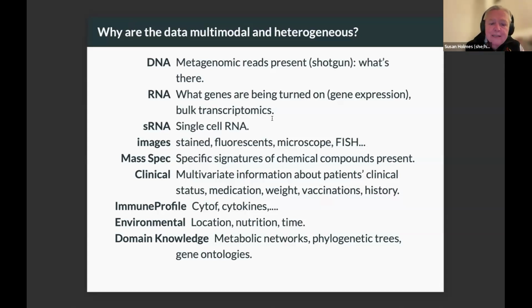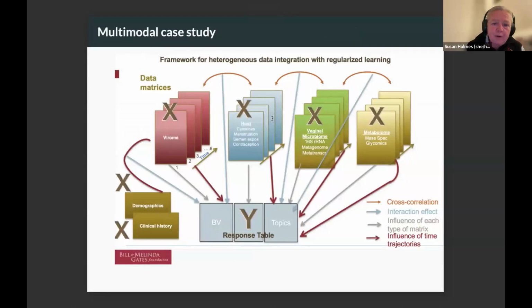And then we have to integrate domain knowledge, which is very often networks, phylogenetic trees, or gene ontologies. So in this type of case study that I'm doing, for instance, with the Gates Foundation, we have things about the immune system of the host. We have the viruses that are present. We have the bacteria. We have mass spec, and then we have all of this demographics and clinical history.